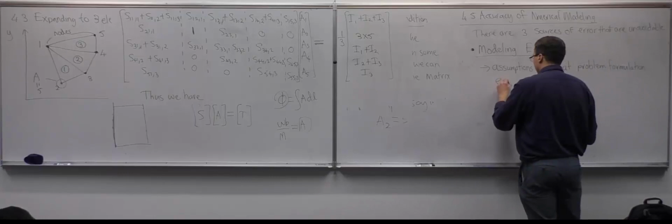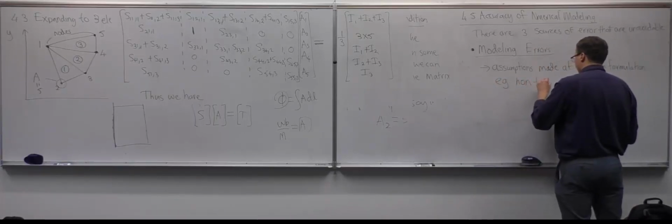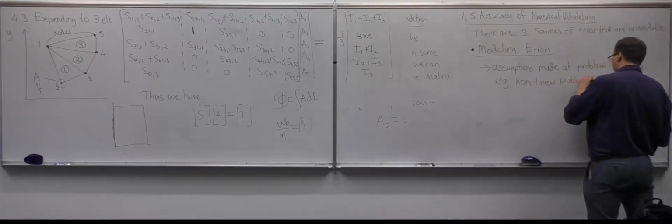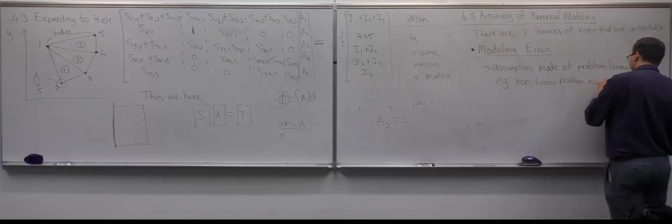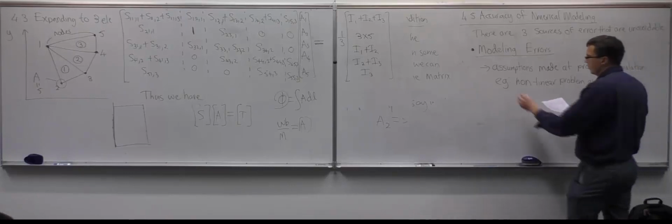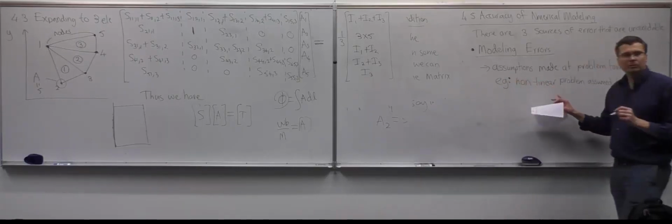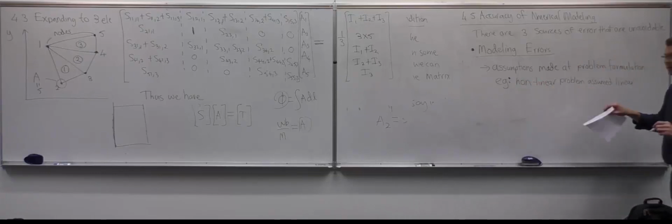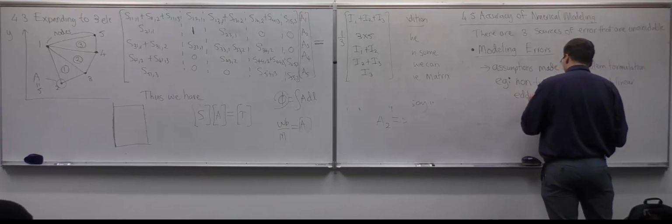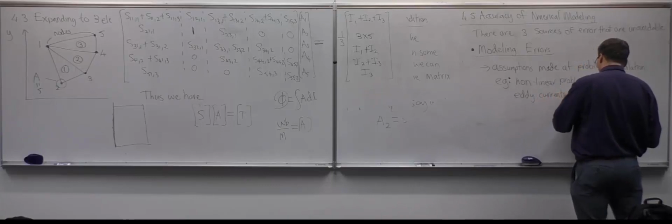There's a large number of them. Some basic ones are a nonlinear problem assumed to be linear. That will make a big difference in your modeling. That's what homework 2 looks at. Another one is that eddy currents are neglected.